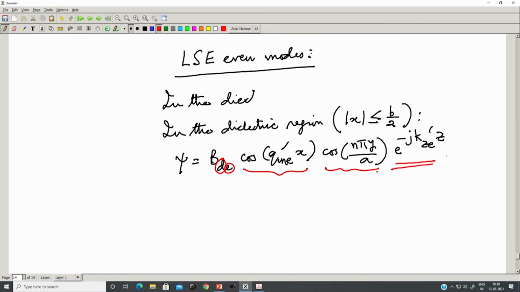And this refers to the longitudinal behavior, the variation of the potential function along the z direction, when there is propagation. So, this again refers to the even mode.